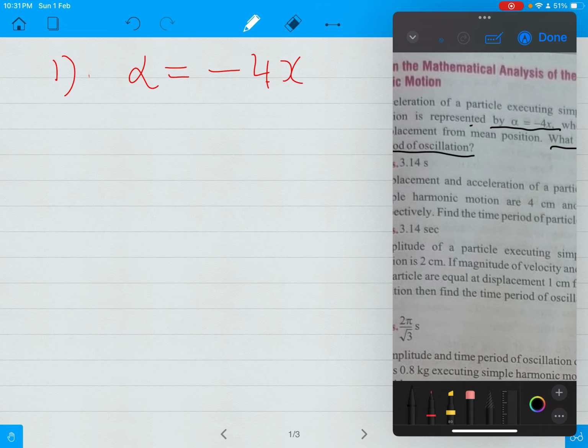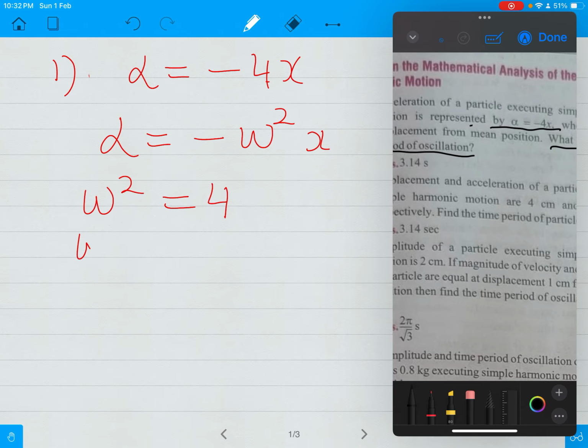Now you compare this with alpha equals minus omega square y. You have studied the formula omega square y, but now in place of y we will take x. Comparing, what will you get? Omega square equals 4. So omega equals 2 radian per second.